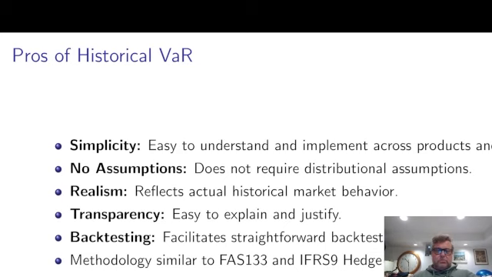It reflects actual historical market data, but it only looks at the history for a certain period. It's very easy to explain. You can justify it because it's a well-defined methodology, and back testing is also more straightforward than the other ones because you will see that your P&L is related to the actual scenarios.